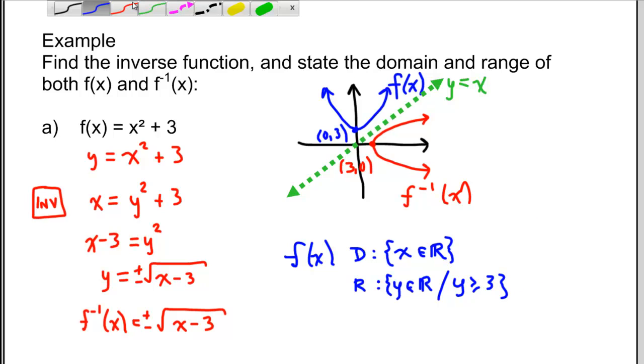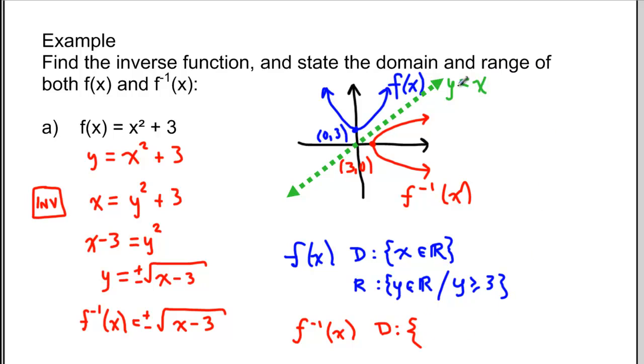All right, what about the domain and range of my inverse function? So what's the domain and range of f inverse at x? Well, just look at the graph and it'll help you out. The domain, well, x values start here and then move to the right. Nothing goes to the left of this point right here, which is at 3.